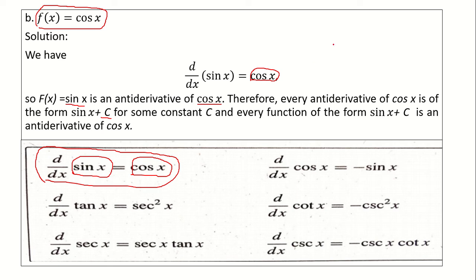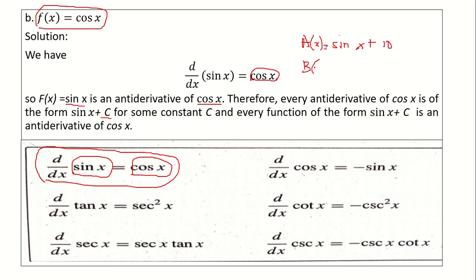So, kahit pa yan sine x plus 10, for example, we have capital A of x is equal to sine x plus 10.